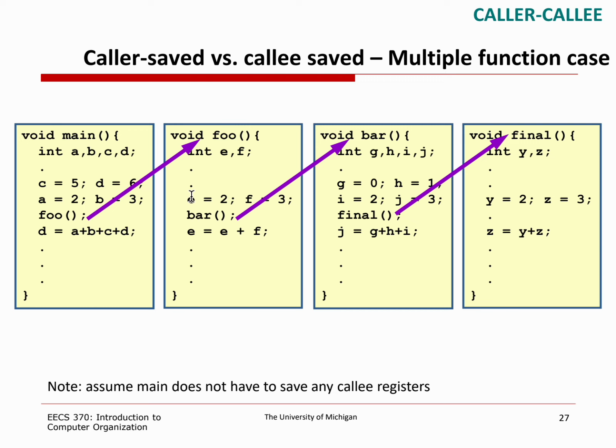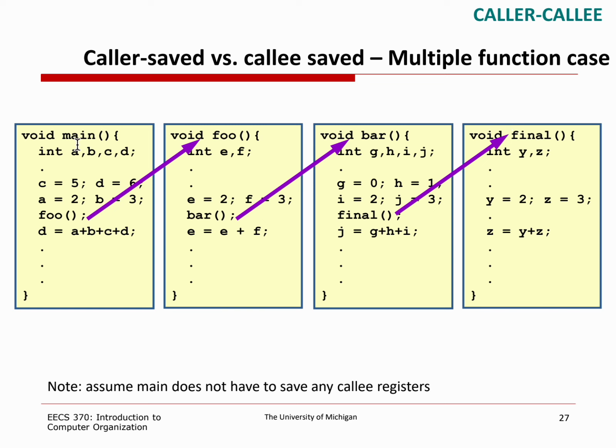For the other function right here, foo, you're calling a function called bar, and you use enf, so you do two loads and two stores for enf. For bar right here, we're calling final. We're using GHNI, so we only do three loads and three stores. Final is a leaf node, so it doesn't call anything, so we don't do any caller save for these functions.